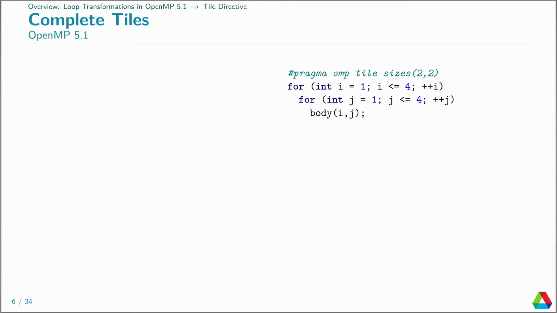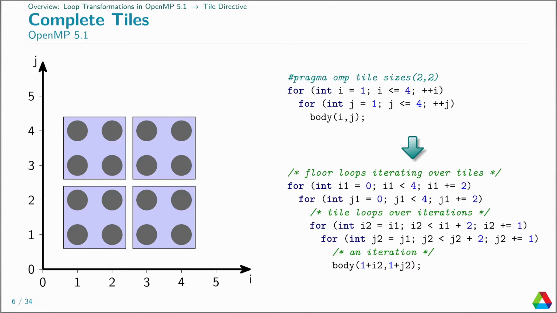The other loop transformation we introduced is tiling. Tiling can apply to multiple loops, in this case 2, and it's tiled in a 2x2 pattern. The final code and illustrations look like this. So we ensure that the inner loops are at a maximum size of 2x2.